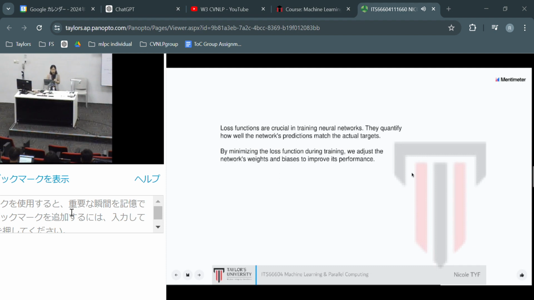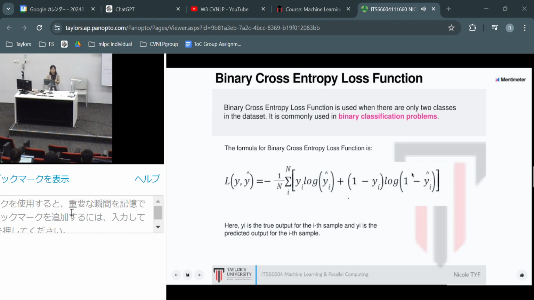Okay, so we want to go over 3 types of loss function that we commonly use when we train a model. The first one that we want to cover is the binary cross entropy loss function, and the formula of binary cross entropy loss function is given as this. So over here it is very easy to understand.